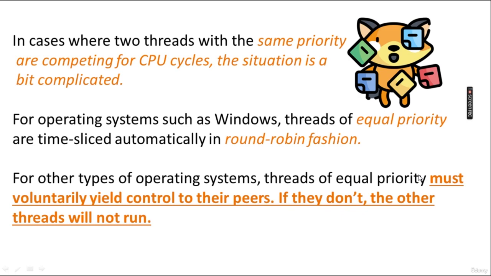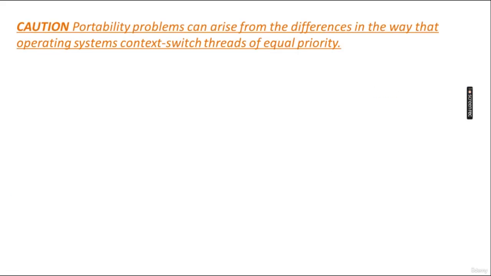And if they do not give it, the other threads will not run. They will be waiting and waiting. Portability problems can arise from the differences in the way that operating systems context switch threads of equal priority.